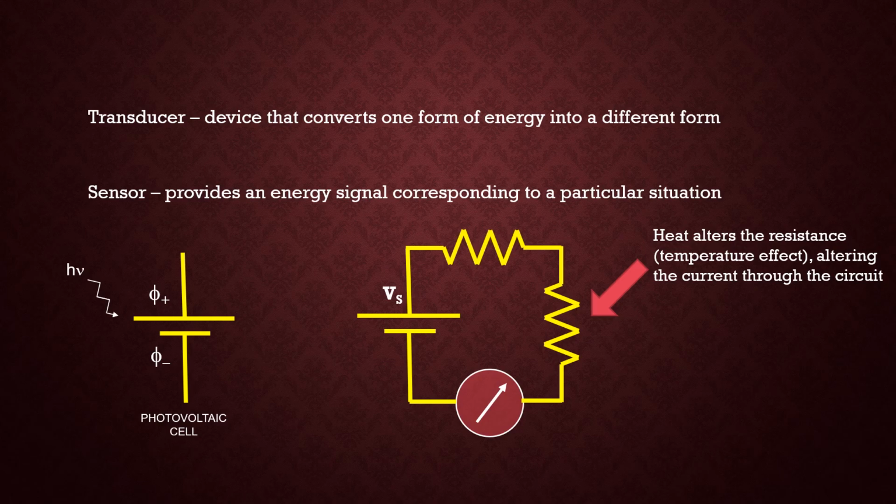We'll discuss how the current meter works in a later part. But if the heat alters the resistance value of that resistor indicated, it would necessarily change the current flowing through the circuit, according to Ohm's law. So that would be a measurable change dependent upon the resistance value of the resistor.